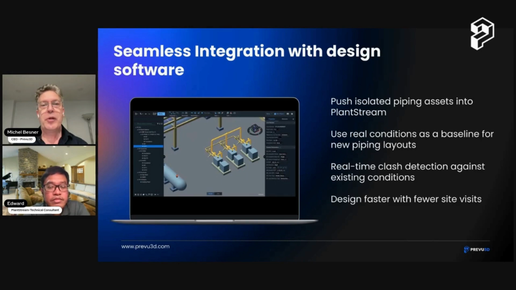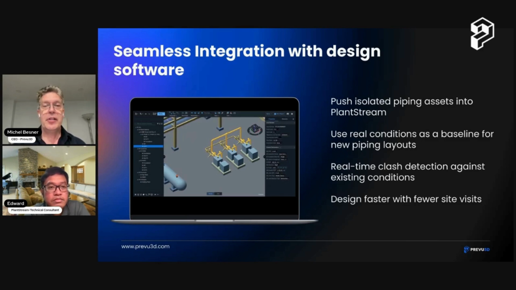One part we've been working on with PlantStream is a seamless integration to simplify the path between our solution, where we have this reality capture data, this as-built environment, and the amazing tools PlantStream has for piping design. The goal is to make those two things collaborate and work really well, taking the benefits and strengths of both products to enable our customers to accelerate their process of designing piping.